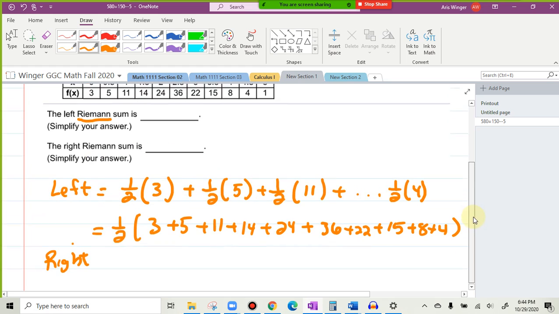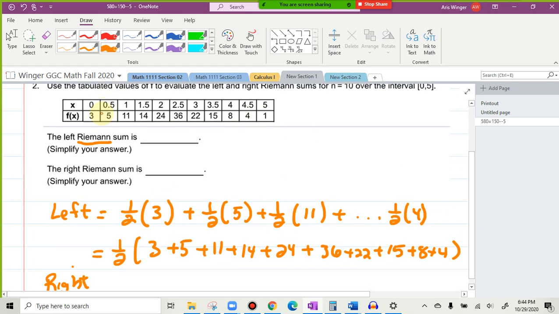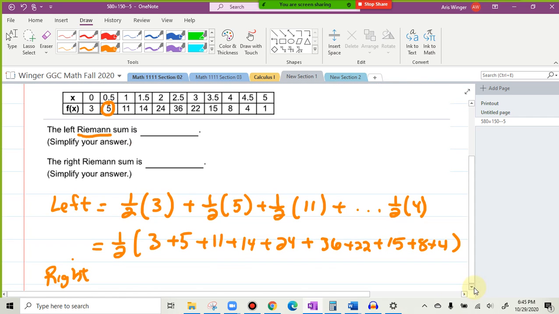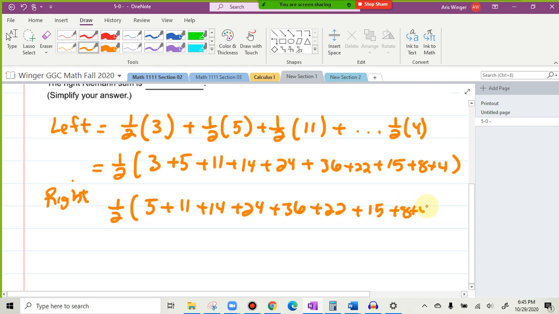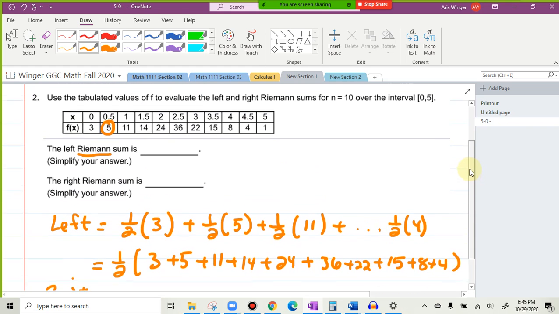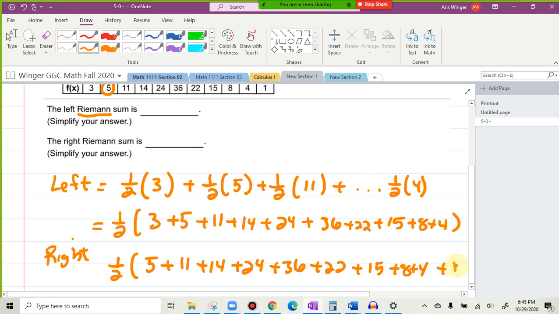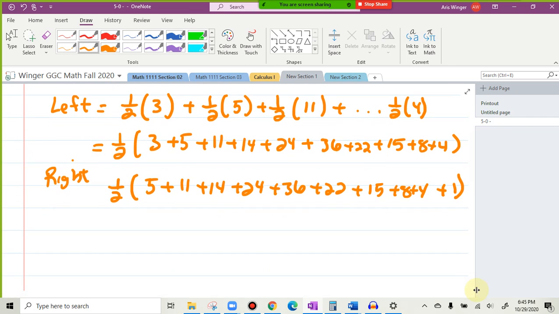And then the right endpoint method, you go up here, and let's be clear about what we're doing. In the interval from 0 to 1/2, you take the right endpoint, so you just shift everything: 1/2 times 5 plus 11 plus 14 plus 24 plus 36 plus 22 plus 15 plus 8 plus 4 plus the right endpoint at the end, whatever that number is.